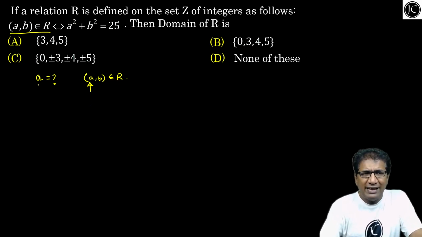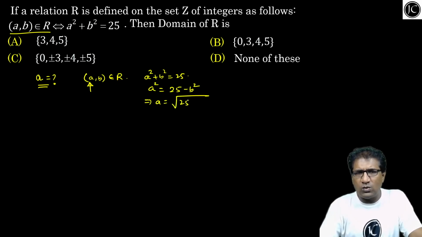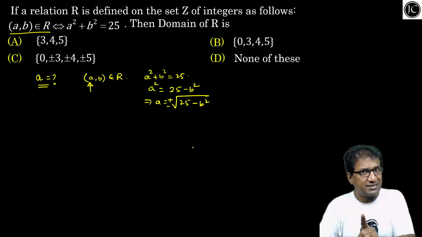So यहां पर A मुझे निकालना है. How to find out A? The relation which is given is A square plus B square is 25. So A can be written as A square equals 25 minus B square. That implies A is root over 25 minus B square with a plus minus sign. And A and B will all take integers. Remember this.